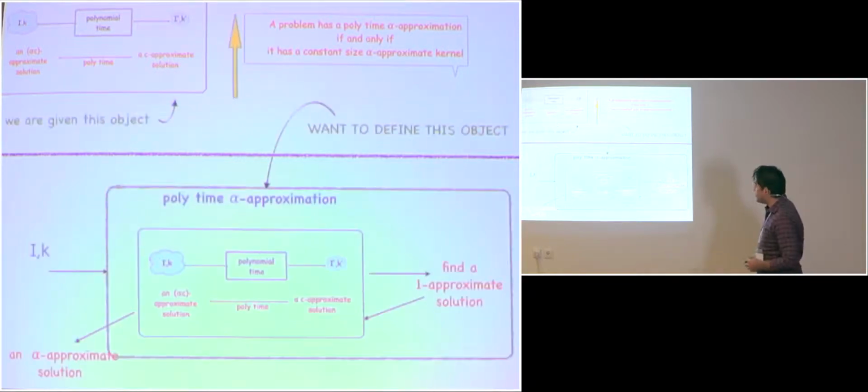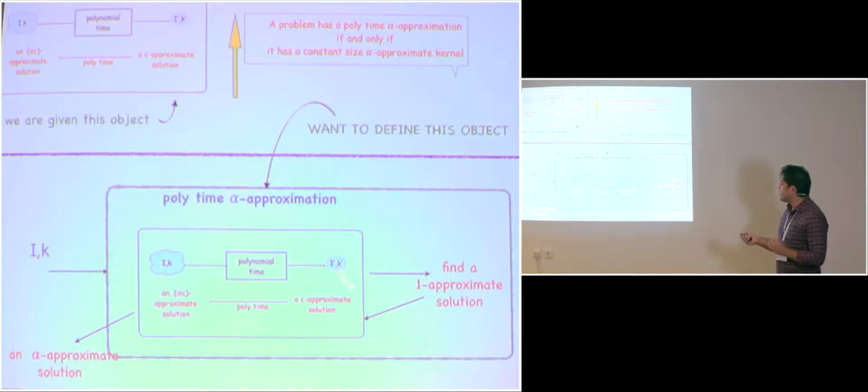Now in the converse direction, suppose we are given this alpha approximate kernel of constant size. How do I come up with an alpha approximation algorithm? It's very simple. Given I and k, I'm just going to plug it in to this assumed object, which I am promised will output an instance of constant size.